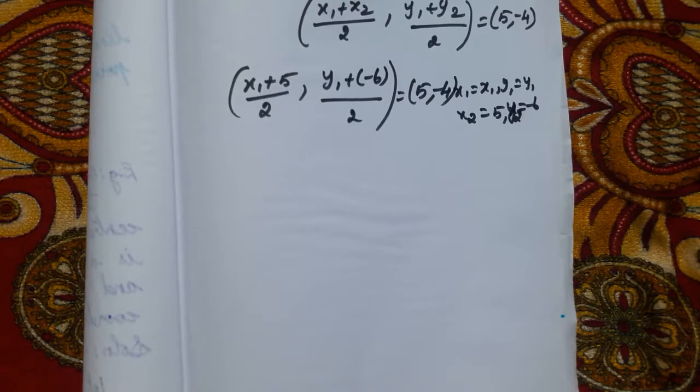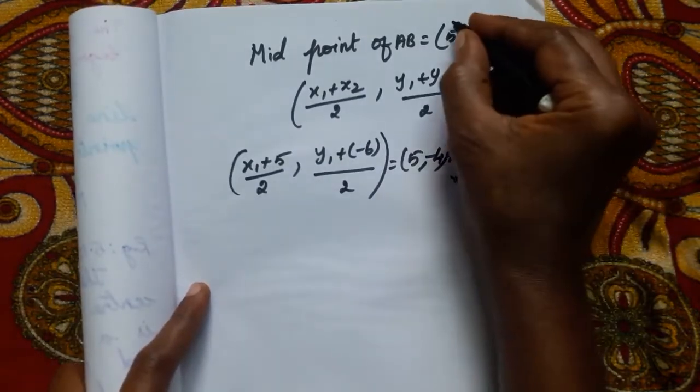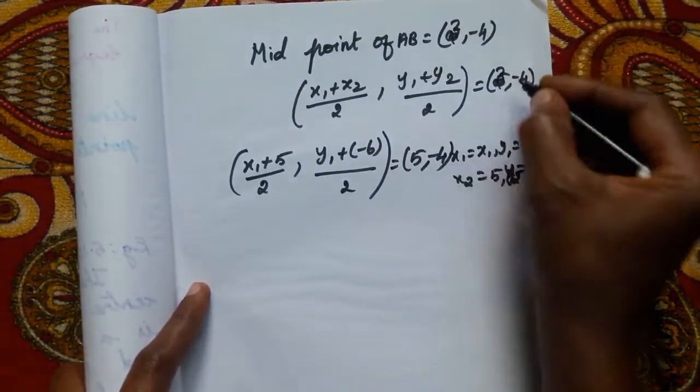So what are we getting? Here (3, minus 4).